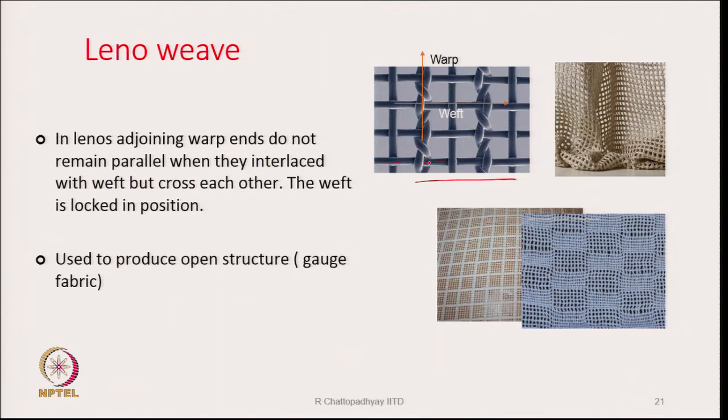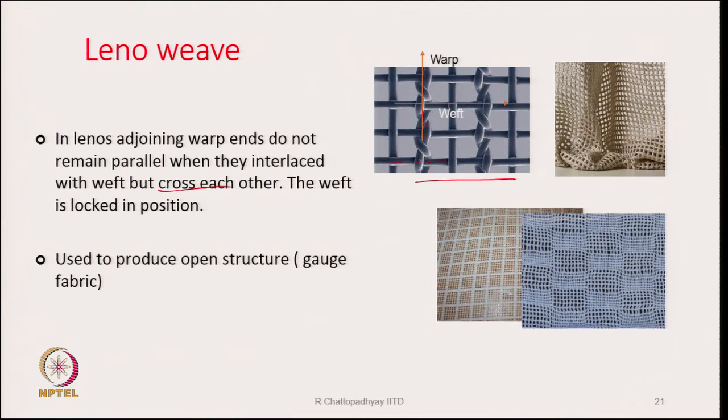This weft yarn is held in position by the two lino yarns, and therefore, it is not going to move easily. So, lino's adjoining warp ends do not remain parallel when they interlace with weft, but cross each other.